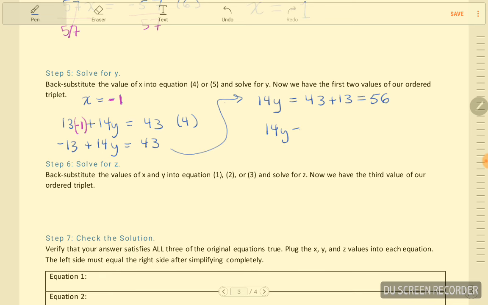So 14y equals 56. And then I will divide by 14. And how many times does 14 go into 56? 4 times. Is that right? Maybe it is. Yes, it is. Okay, good. So then 4 times. So y equals 4.